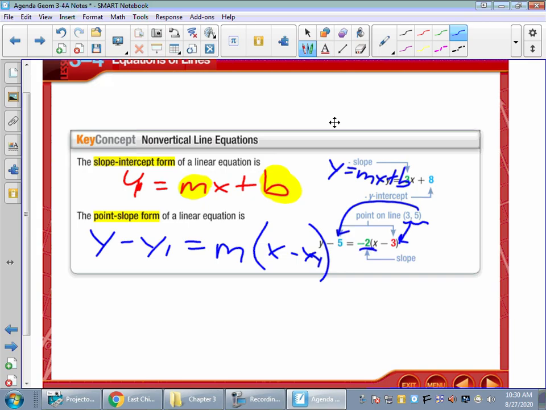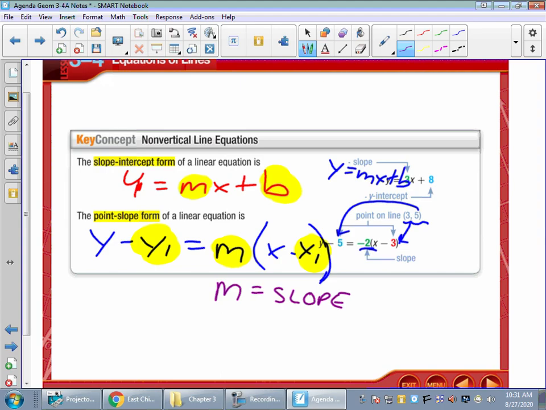So it looks kind of weird at first when it says, okay, y minus y1 equals m times x minus x1. But really, all you need is your y1, your x1, and your slope. And what are those? Our slope is m, right?